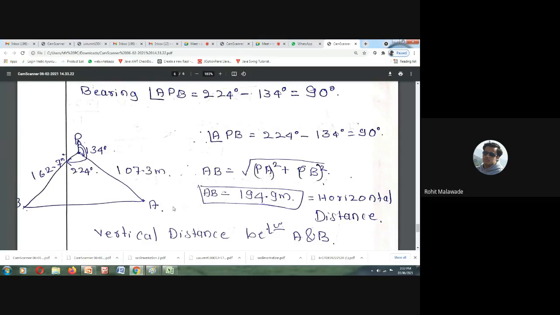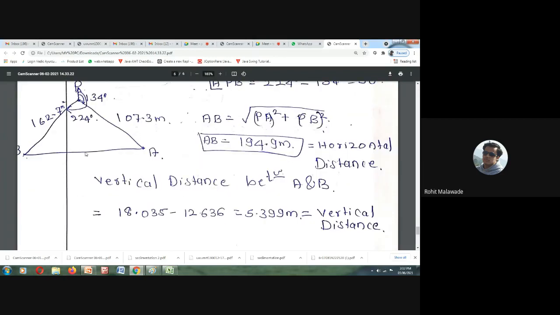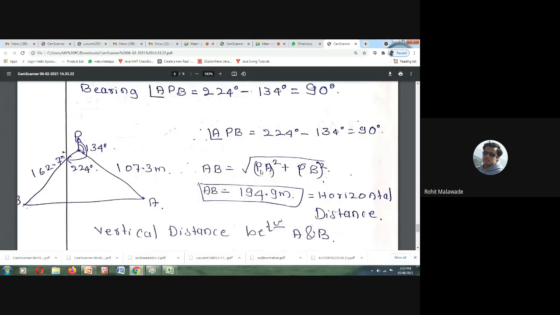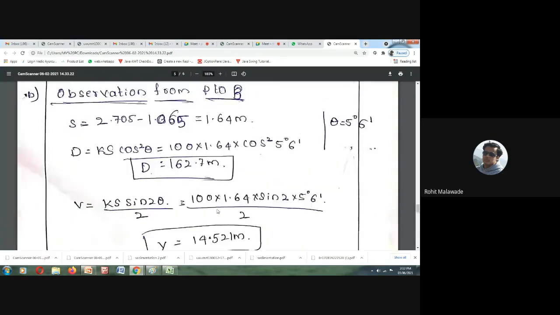Distance AB is nothing but the horizontal distance between A and B. Is it clear to you? Yes, sir. Okay, fine. So this is the horizontal distance.